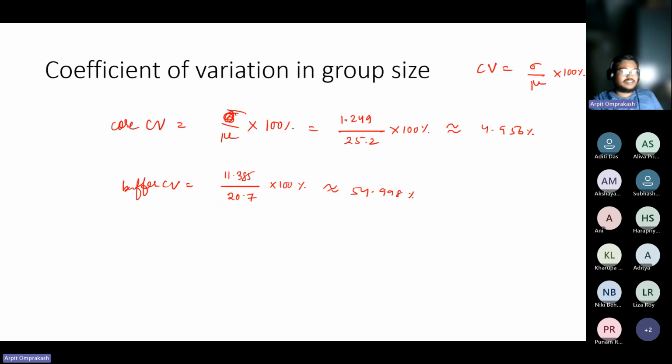Now the coefficient of variation tells us how big the standard deviation is compared to the mean. Is the variation very high compared to the mean that we are getting, or is the variation very low compared to the mean? Right. So this also points towards the buffer being very irregular.